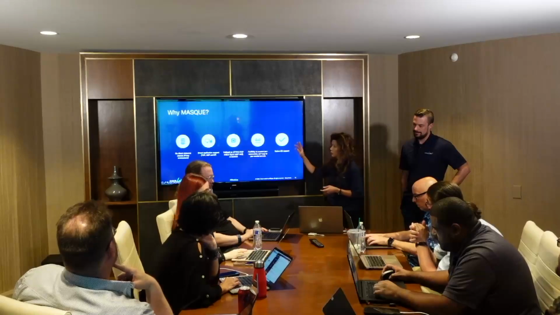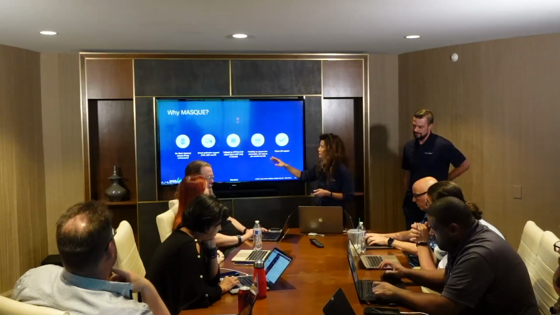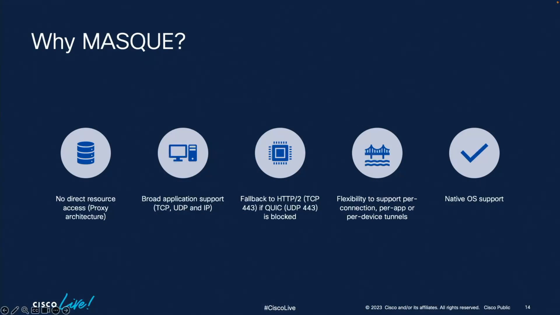All right, and then talking about the MASQUE protocol here. I'm not going to read all of this, but one thing I want you to remember with MASQUE is that when we're trying to decide what to do, we're using QUIC, we're going to use MASQUE, and this is key: the flexibility to support per-connection, per-app, or per-device tunnels.